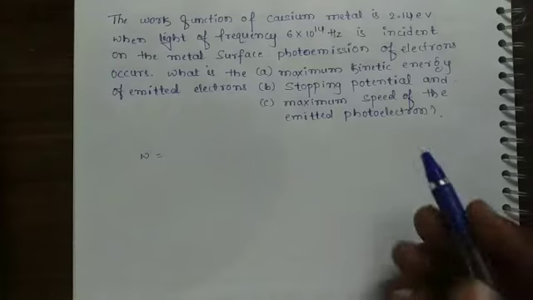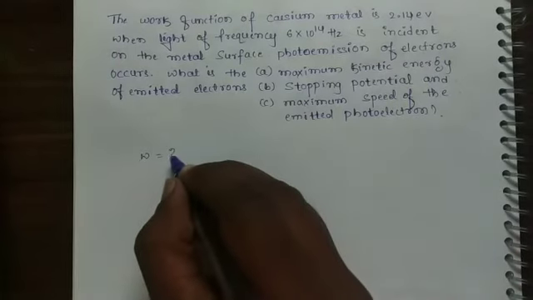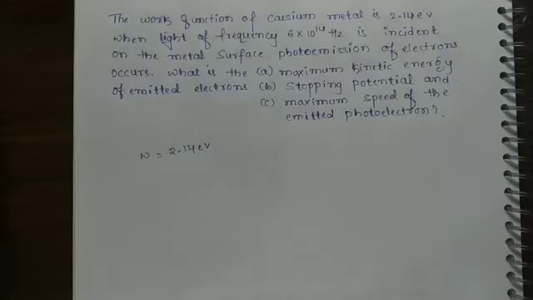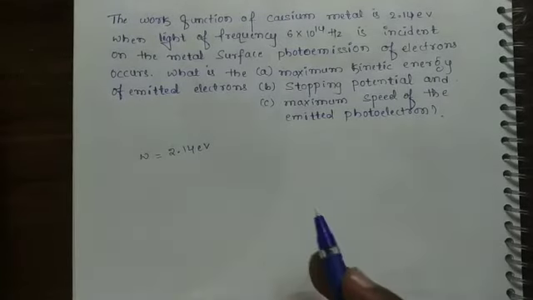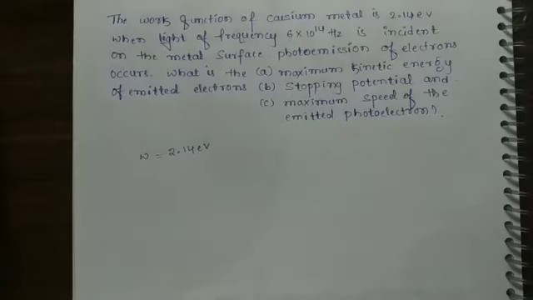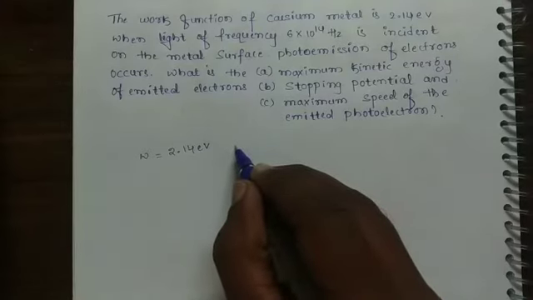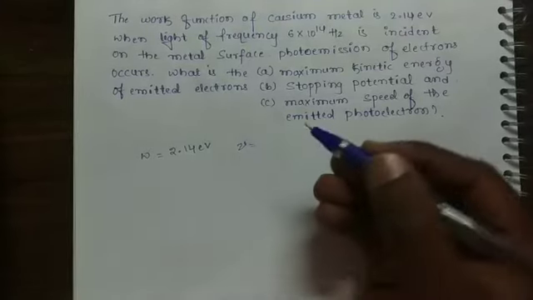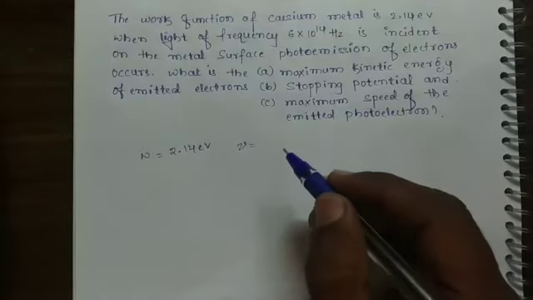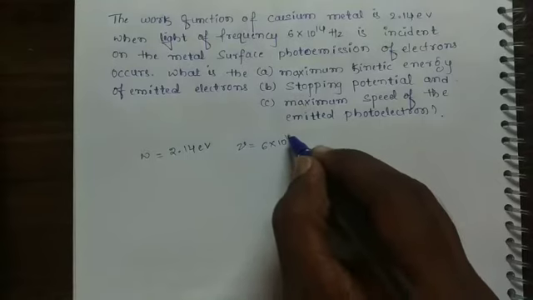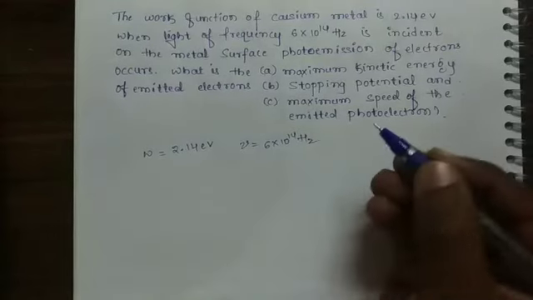When light of frequency 6 into 10 power 14 Hz is incident on the metal surface, the applied frequency nu we consider is 6 into 10 power 14 Hz.